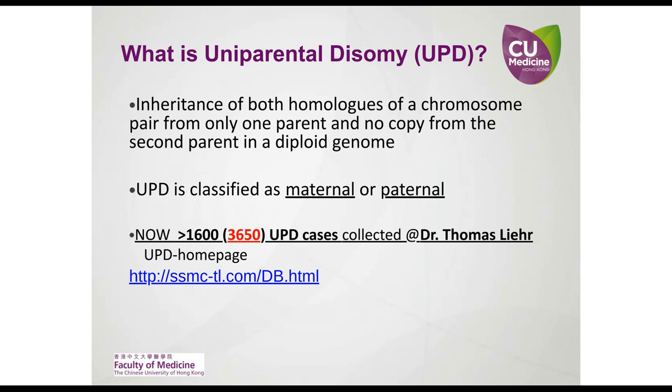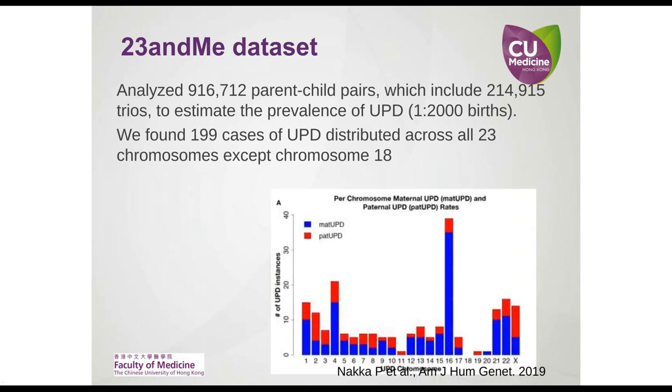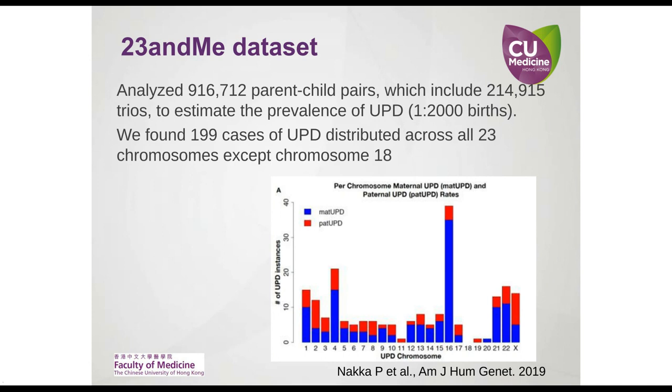Based on the largest data set, from Dr. Thomas in Germany, more than 3,600 UPD cases have been reported. And in another publication in the American Journal of Human Genetics, which looked into close to a million parent-child pairs, you can see that UPD is not just confined to one chromosome.